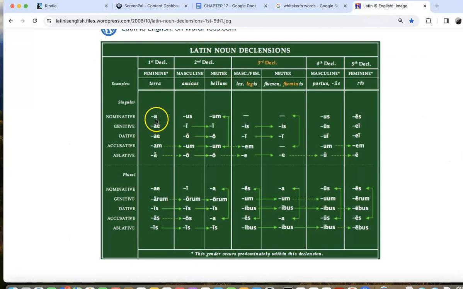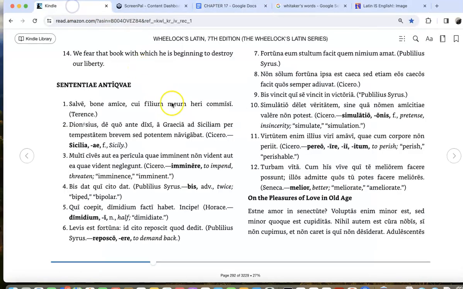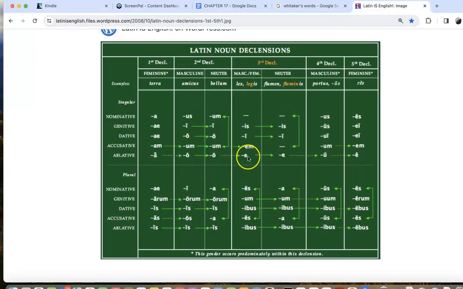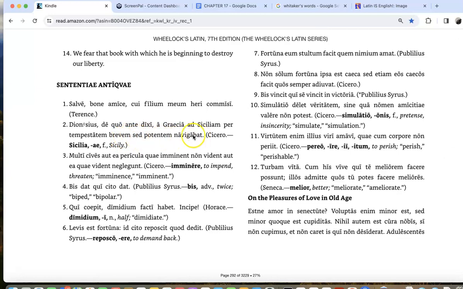So again, we need to know our endings. Knowing our declensions is pretty important in Latin. And then per is always followed by the accusative. Storm is third declension, so third declension accusative singular is em. And then brief is also third declension, so is mighty. And then that's just a conjunction, and there is our verb.